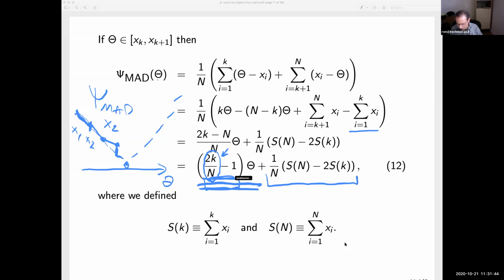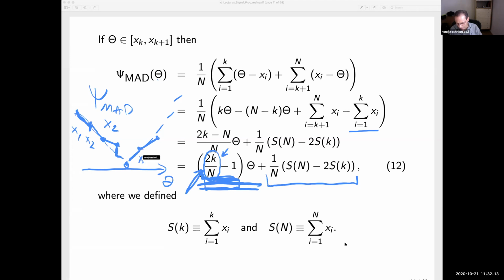Okay. Then what would happen? Then k would be larger than n divided by 2, and therefore this part would be larger than 1, and therefore the whole part would be positive. So the derivative with respect to theta, to add to my theta afterwards, would be positive.